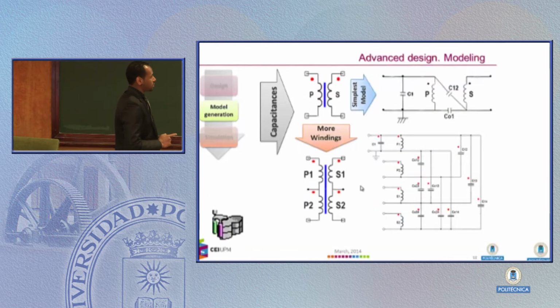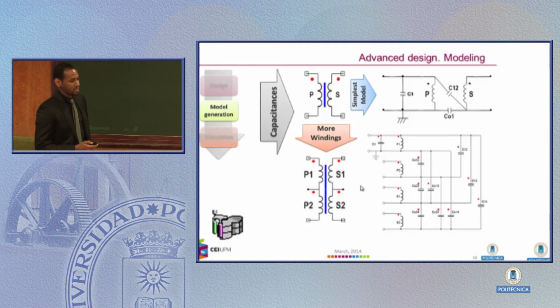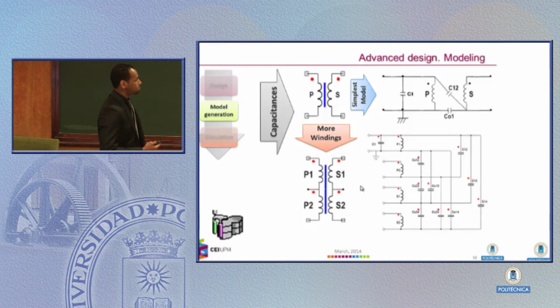Another important point in the modeling of magnetic components is the capacitive effect. There are many models that we can use to model these effects in magnetic components, but even if we use the simplest model of the capacitive effects, the number of elements required to describe this effect with some precision will increase very much when the number of windings in the component grows.